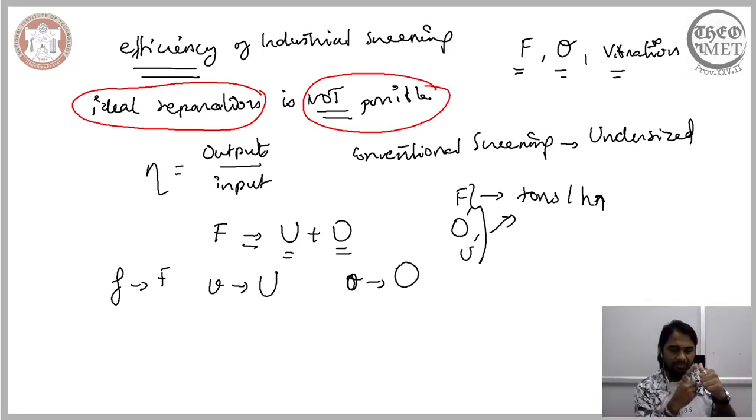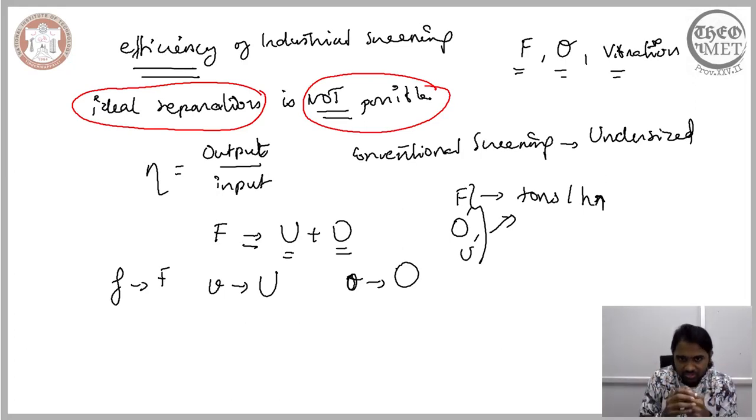So you have a fraction of the undersized particles that is present in the overall feed. Some fraction of it is separated along with the undersized particles, as we desire.